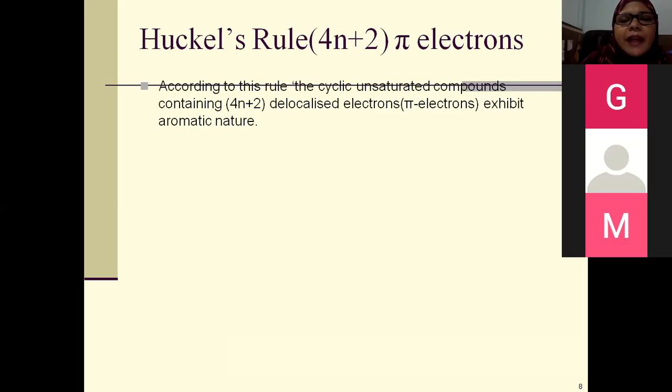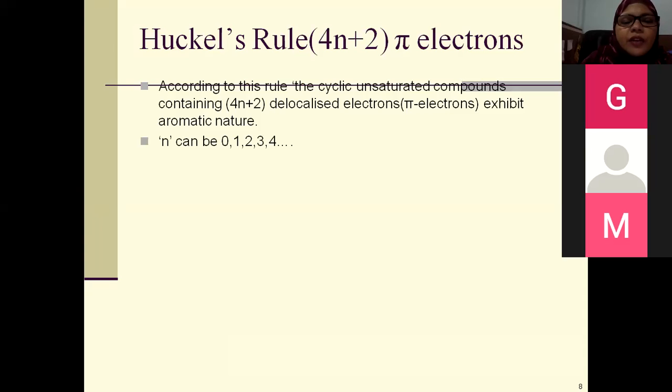According to this rule, cyclic unsaturated compounds containing 4n+2 delocalized pi electrons exhibit aromatic nature. So any unsaturated compound that is cyclic in nature, planar, and conjugated, if it satisfies 4n+2 pi electrons, can exhibit aromatic nature.